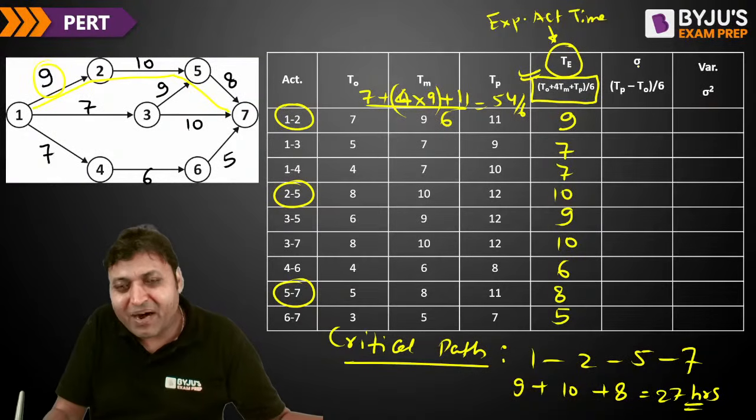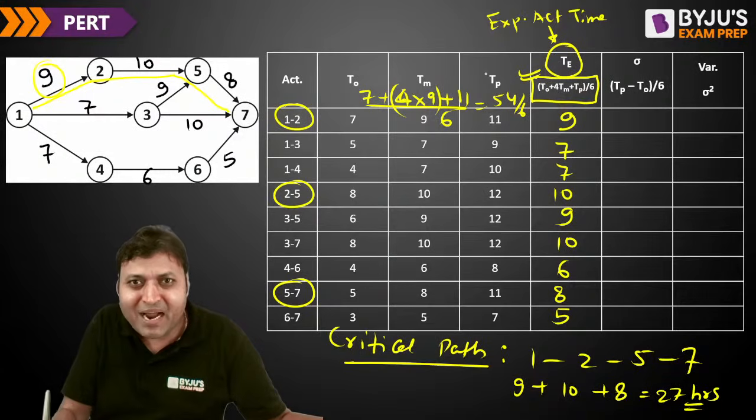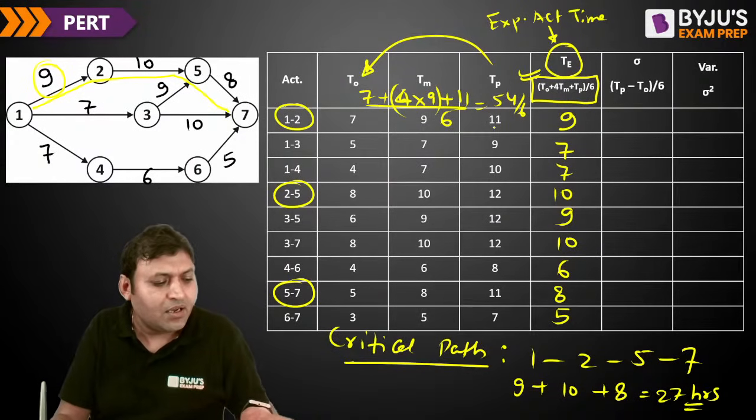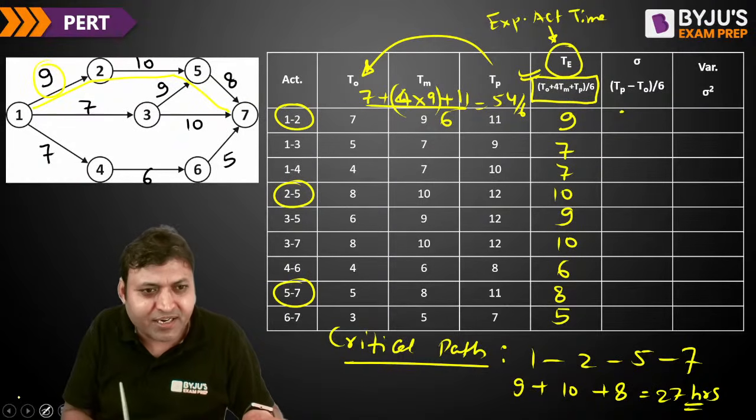So what is sigma for the critical activity 1 to 2? That is TP minus TO divided by 6, 11 minus 7 divided by 6, that is 4 by 6, so 2 by 3.